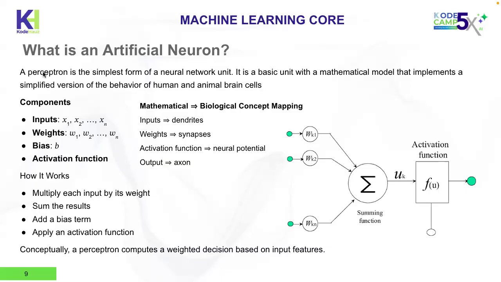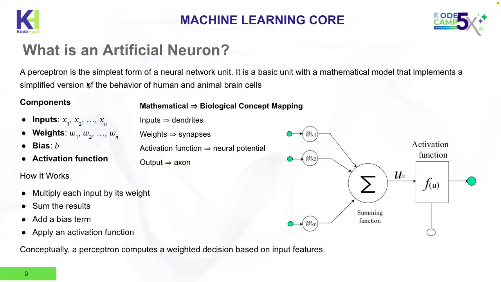By the way, some of you who may have encountered it previously may hear the words neuron and perceptron used interchangeably. Those are not exactly the same things, but for most intents and purposes, you can consider them the same.